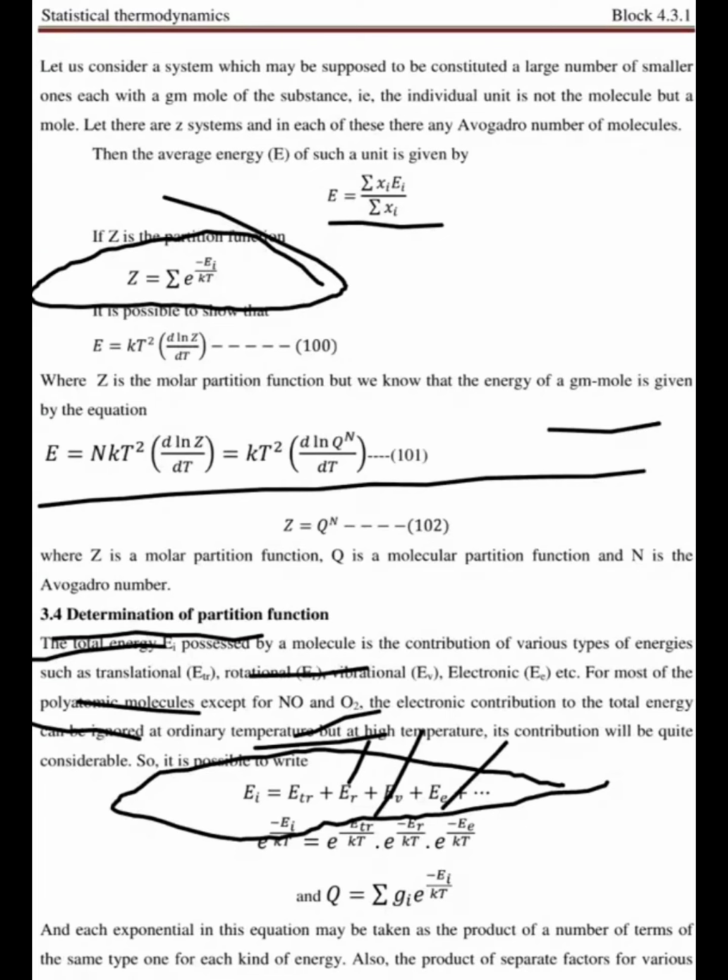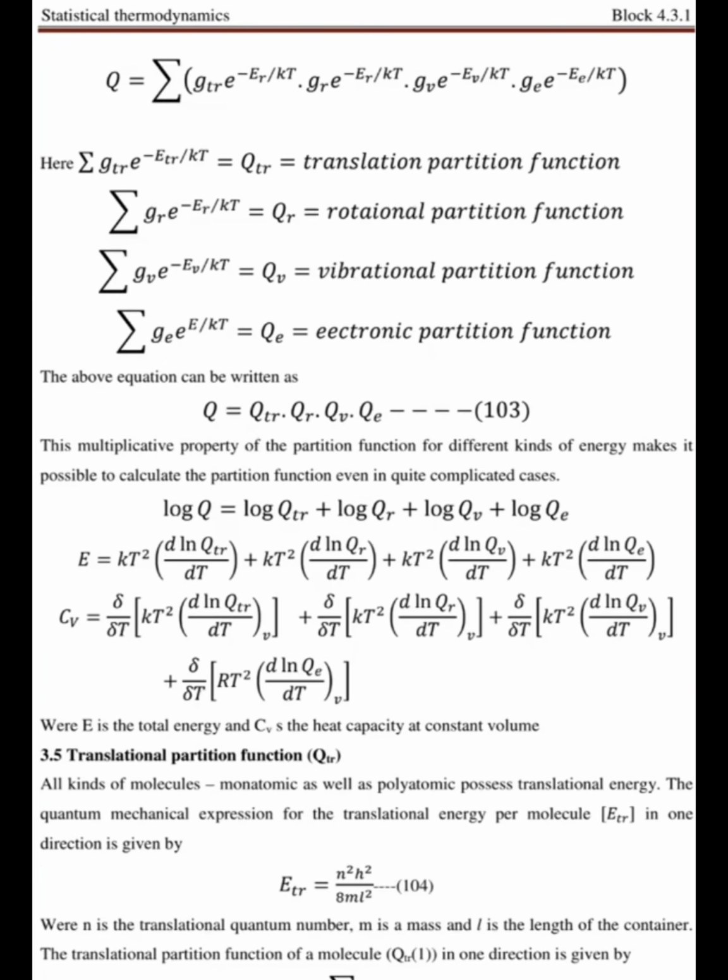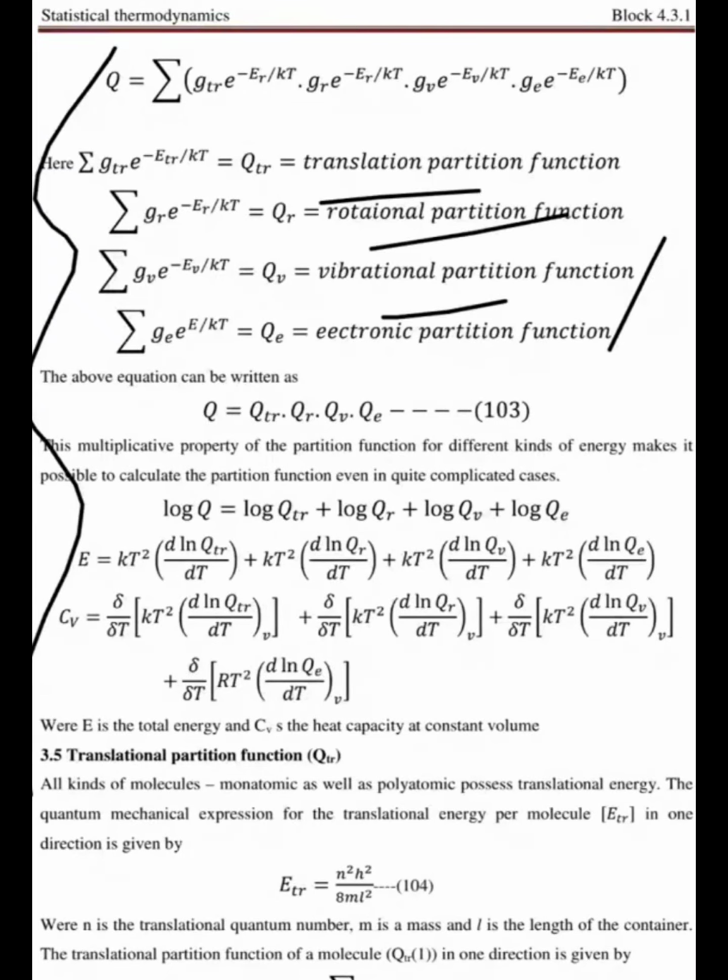Further substituting, you will get the value of Q equal to this mathematical expression. You go through this, and if you have doubts, ask when the practicals come. This is for the translational and rotational partition function, vibrational partition function, and this is for the electronic partition function.